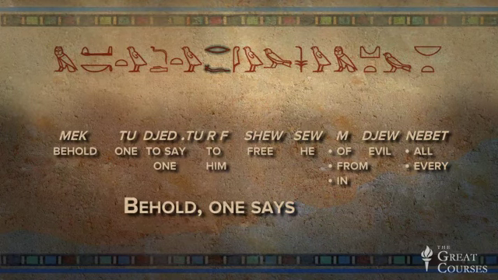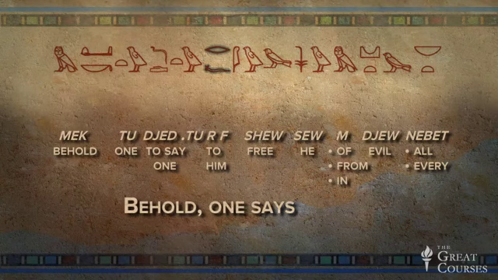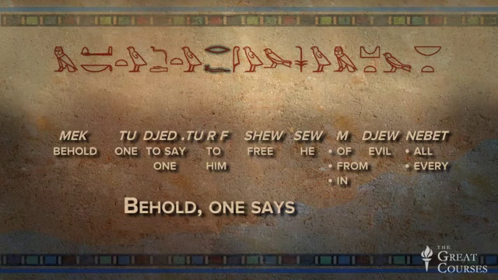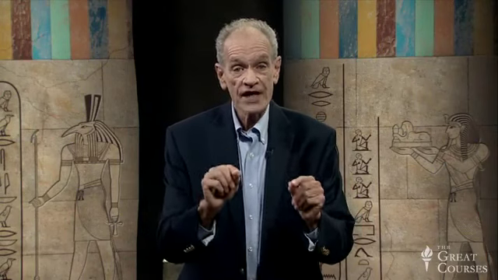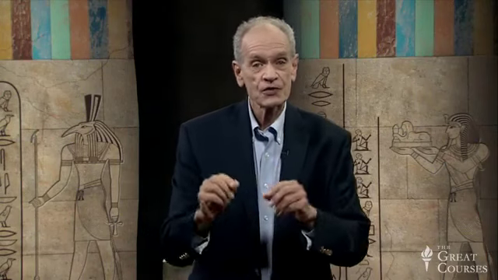The water sign is the to for people. The mouth sign does mean with respect to, and that might work. Thus, the beginning of the sentence might be, behold, one says of him. And now, what should follow is what is said of this good boy who listens to his father. Well, what is it?